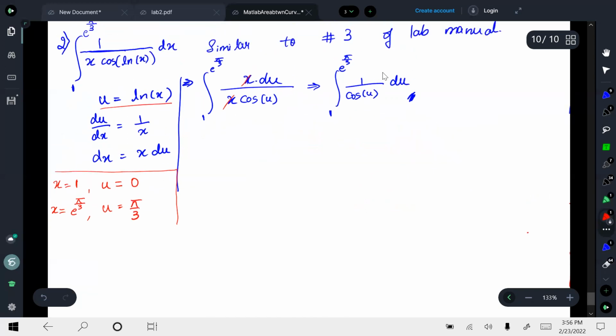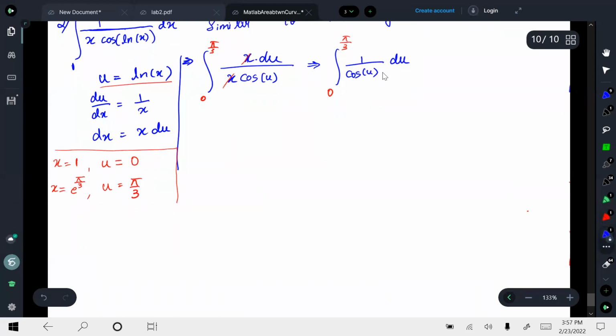Okay. Now applying the same knowledge here, changing the limits from 0 to pi by 3, so this is 0 to pi by 3, 1 by cos of u into du. Fine.